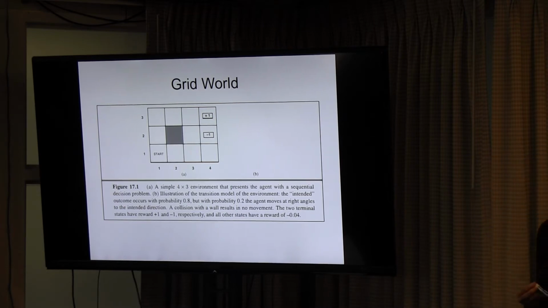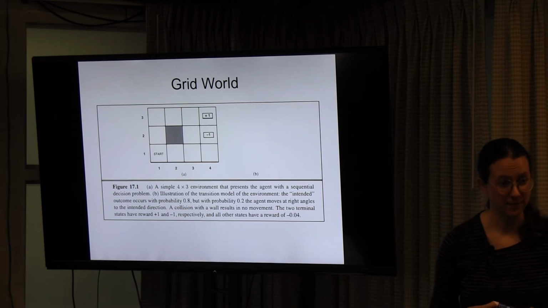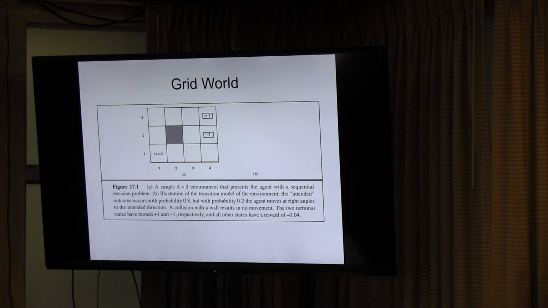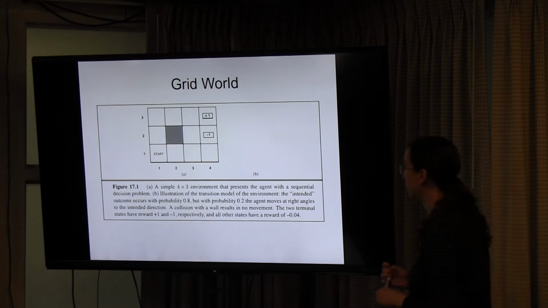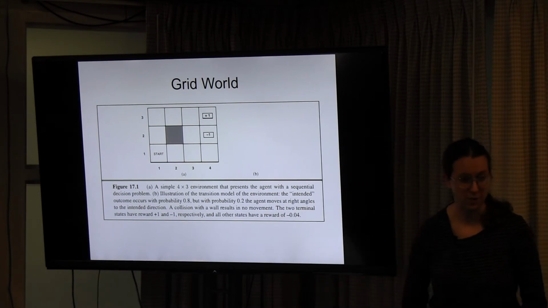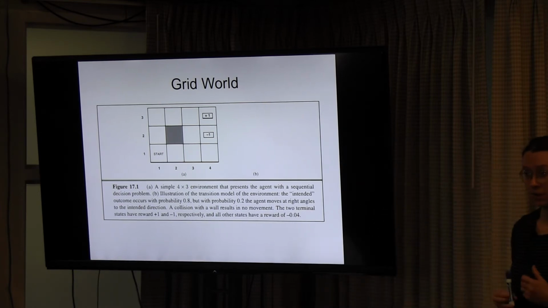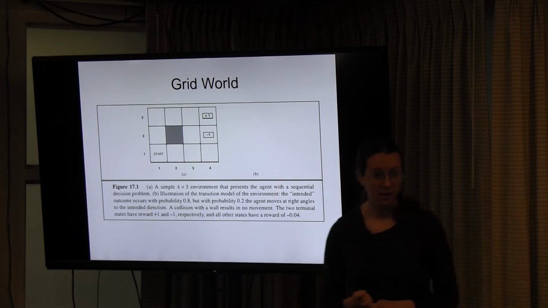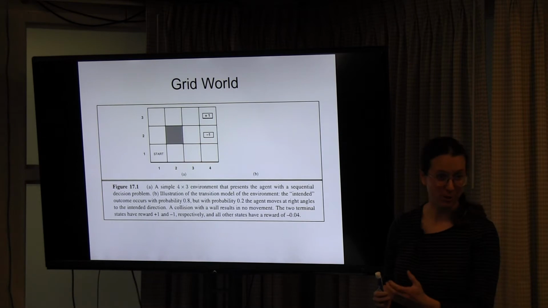Yes? I have a question about the reward. Is the reward given when you enter the state, or if you terminate in that state? Yeah, people do both, and you can make the math work either way. It can be just for being in that state. However you got there, once you enter that state, you get a cookie. And it can also be for being in that state and then taking an action, and then you get a cookie for taking the right action in that state.